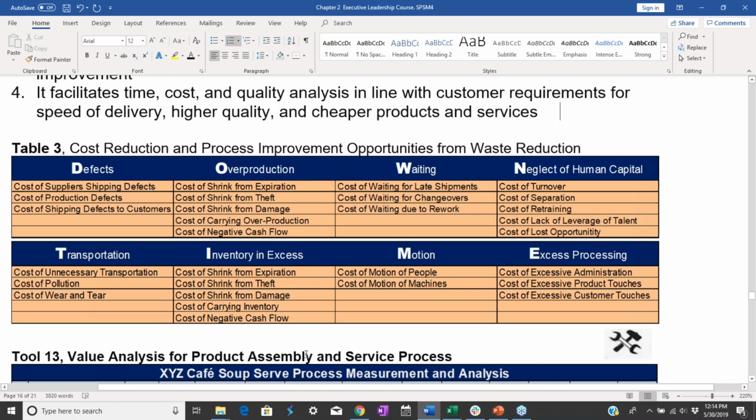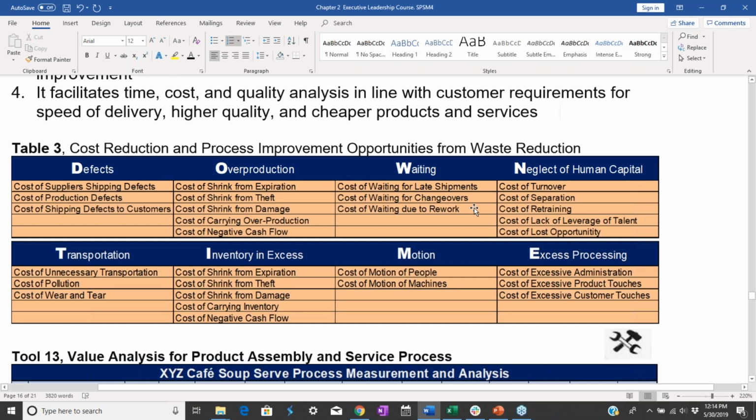And again, to leverage Excel to build that integrated model, where we integrate it into the P&L, we integrate it into our balance sheets, and we integrate it into our cash flow mechanisms. Inventory has some of the similar cost drivers as overproduction. Waiting: cost of waiting for late shipments, cost of waiting for changeover, cost of waiting due to rework.